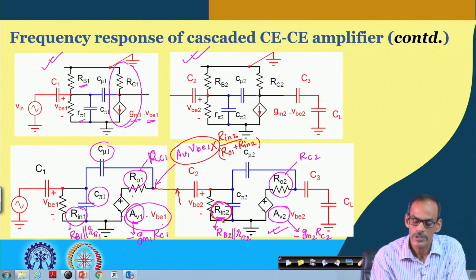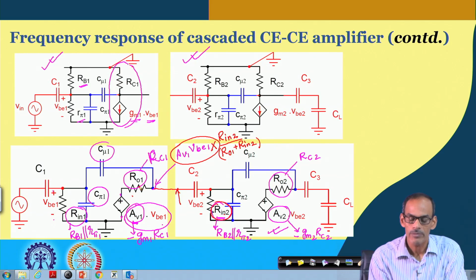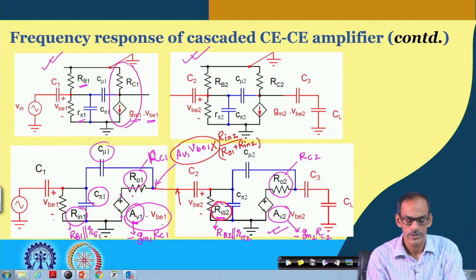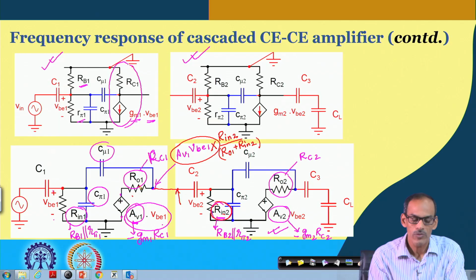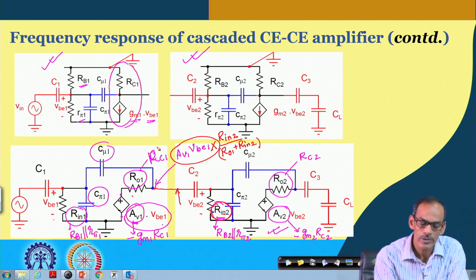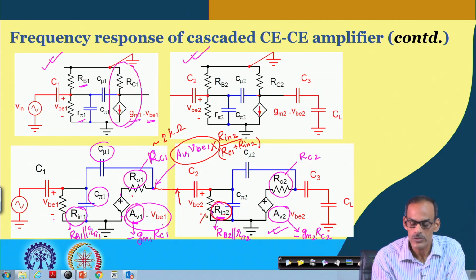Now, depending on the relative values of Rin2 and RO1, it may have different values, but typically these two resistances have the same order of magnitude. In our previous example, we considered that Rc was in the range of kilo ohms, maybe around 2 to 5 kilo ohm, and this resistance also may be in a similar range, maybe around 1 kilo ohm.